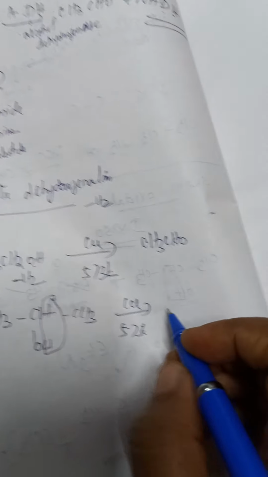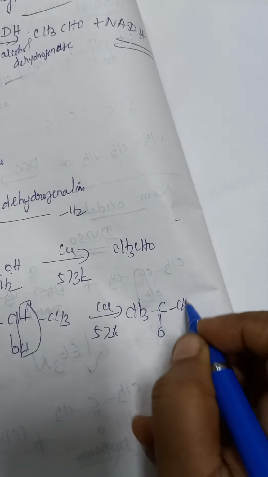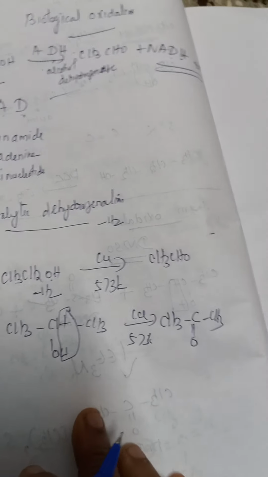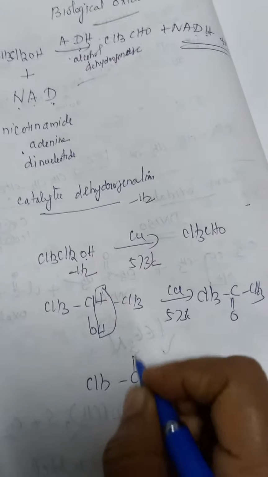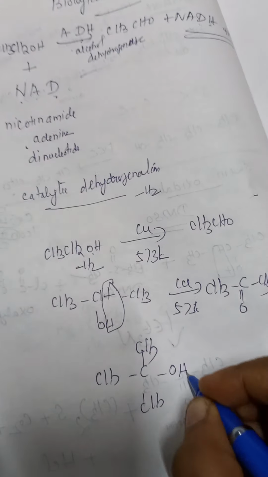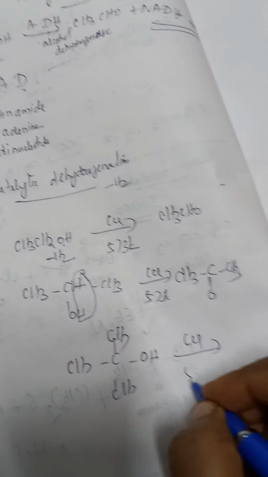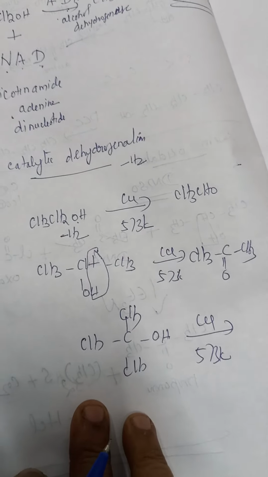So we are getting a ketone, CH3, C double bond O, CH3, acetone, that is propanone. But tertiary alcohols, when heated with copper at 573 Kelvin, no hydrogen is removed.